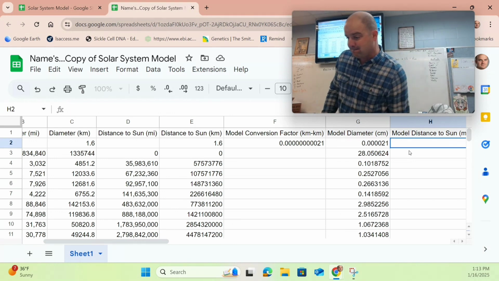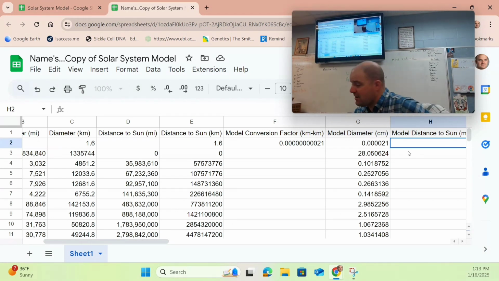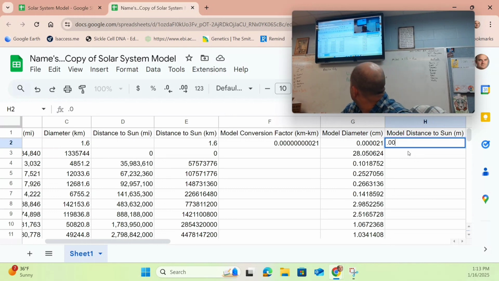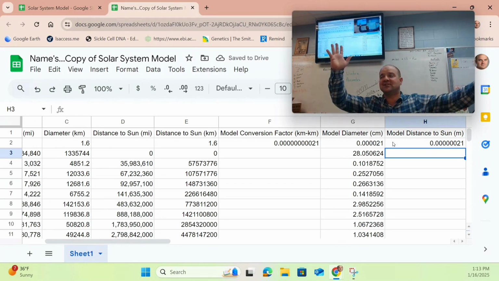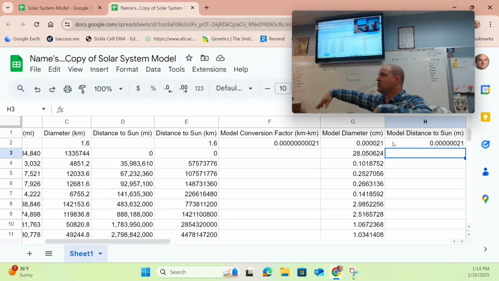So we'd have point 1, 2, 3, 4, 5, 6, 2, 1 is going to be our custom conversion factor to go from the actual distances in kilometers to our model distances in meters. Okay? So once you have that there, 0.000000021.